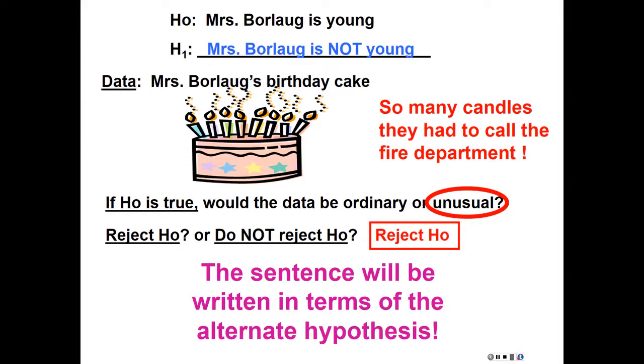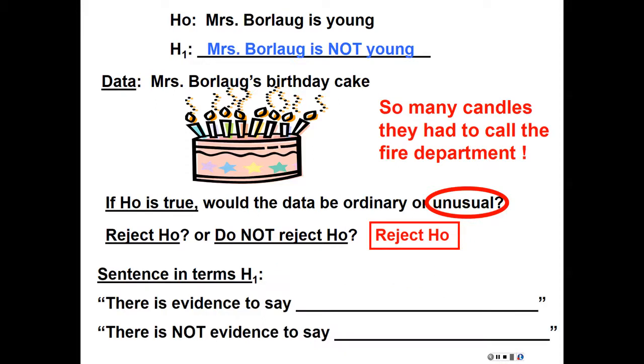It supports H1 because it didn't support H0. So you would say there's evidence to support H1? Yes, there is evidence to say Mrs. Borlaug is not young because she got her house done with a birthday cake. Okay? There is evidence to say Mrs. Borlaug is not young.